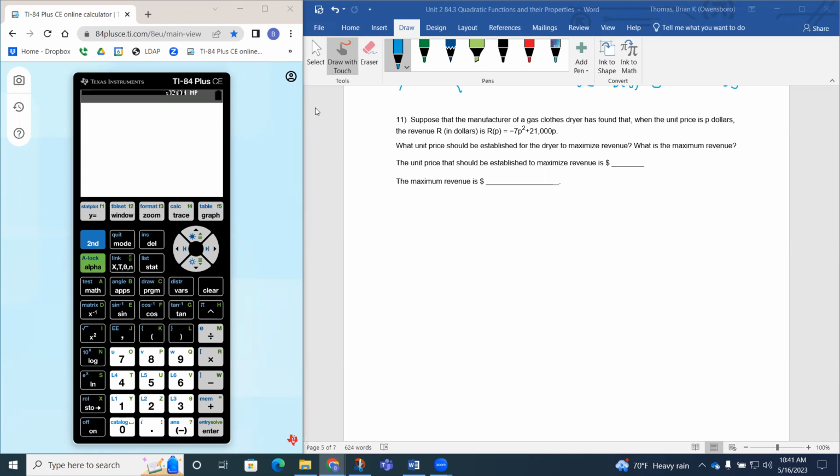So the question is, what unit price should be established for the dryer to maximize revenue? You would think you can just set the price as high as possible, but this is when you get into the market value. How much is a person willing to pay for a dryer?